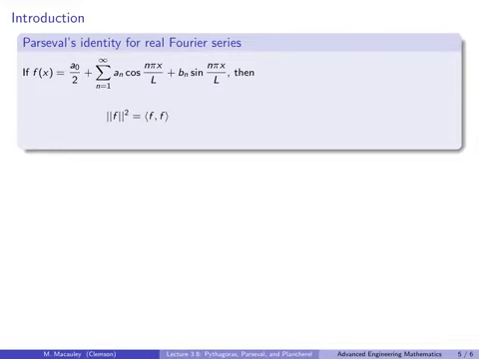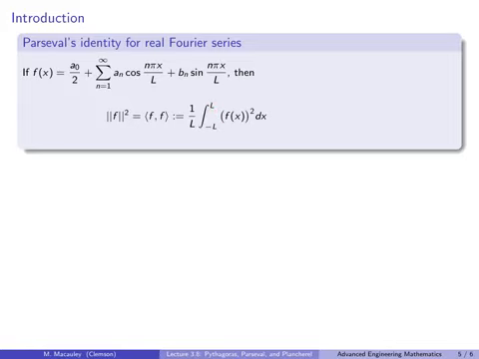So if f of x is written in a real Fourier series, so let's say a naught over 2 plus the infinite sum of an cosine of n pi x over L plus bn sine of n pi x over L. Then the norm squared of f, which, as before, is the inner product of f with itself. But now the definition is slightly different because the inner product is a little bit different. It's 1 over L times the integral from negative L to L of f of x quantity squared dx.